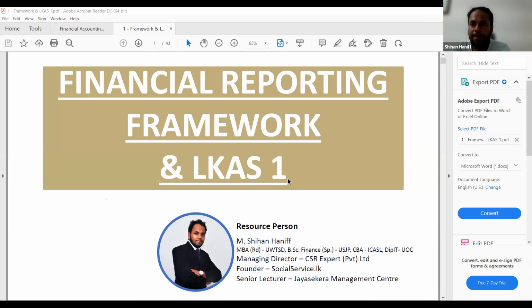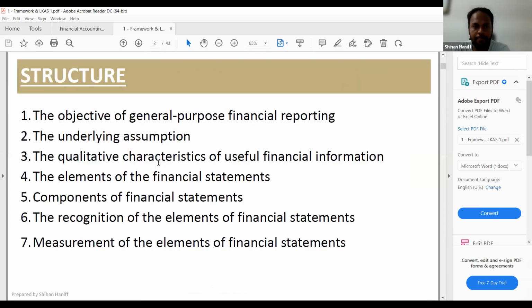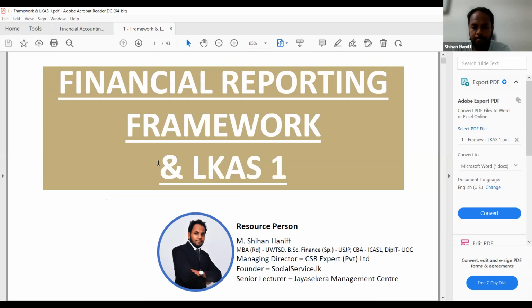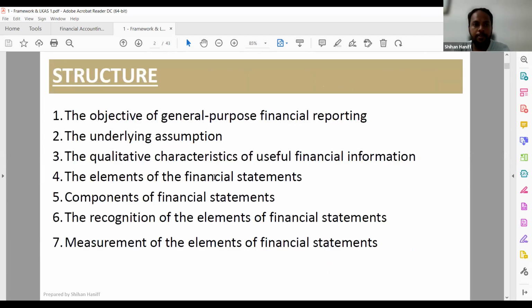Financial reporting framework and LKAS 1. So this is the structure. There are only a few things that you need to understand in this accounting framework.